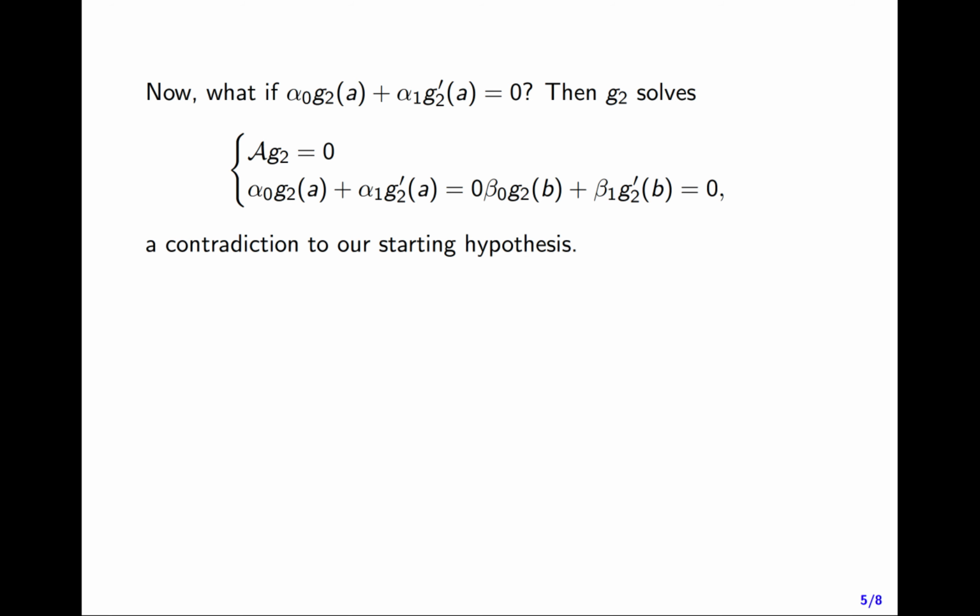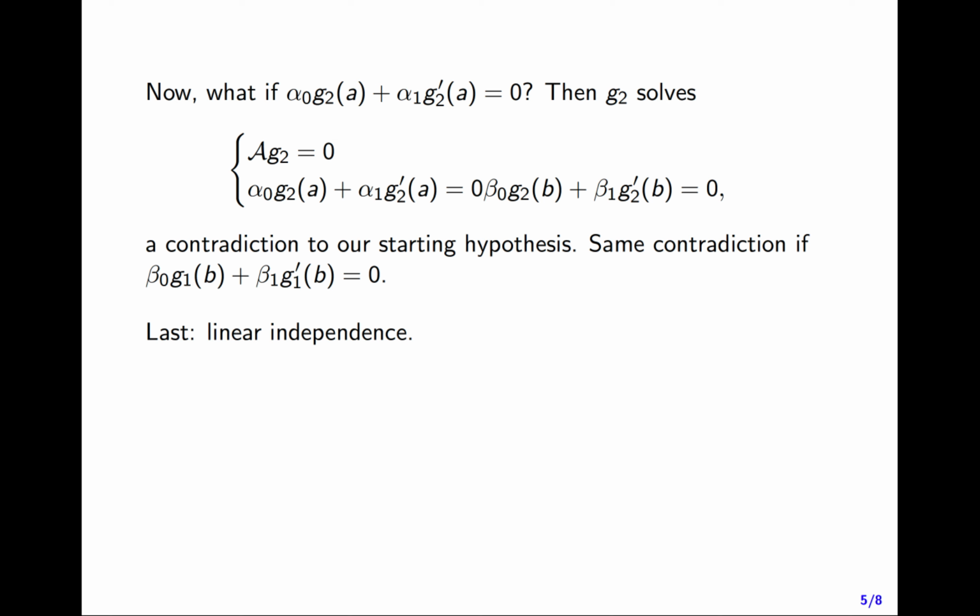So I get a big stinking contradiction here. And the same contradiction would result if g1 were allowed to satisfy the boundary conditions at B. So just using ordinary differential equations theory and a little bit of proof by contradiction, I've been able to solve each of the half boundary value problems.